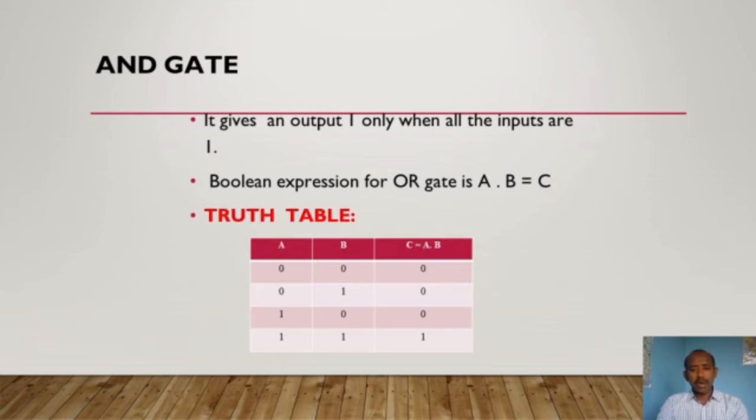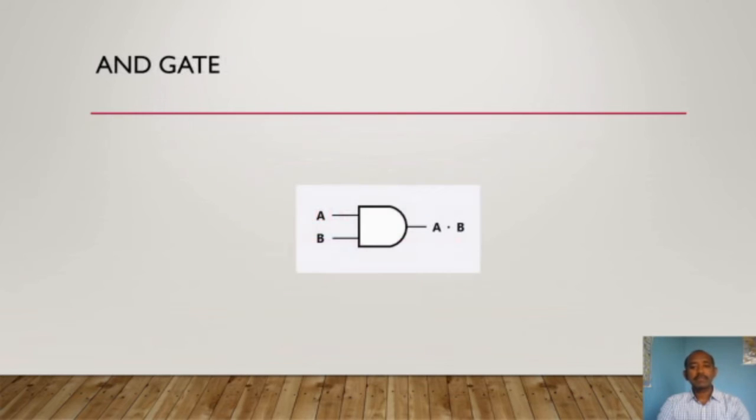If the inputs are 0 and 1, the output will be 0 only. If both the inputs are 1, then the output will be 1 only, that is 1 into 1 is equal to 1. This is the symbol for the AND gate. A and B represent the inputs of the AND gate and the output will be A dot B.